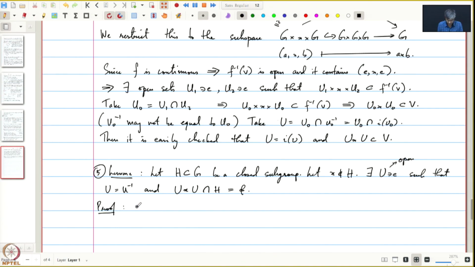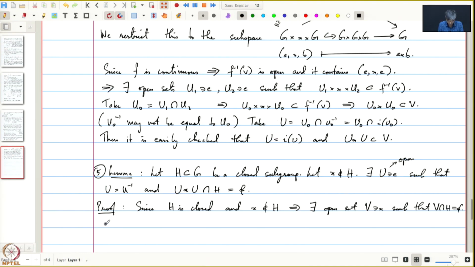Right. So since H is closed and X does not belong to H, this implies there exists an open set V. I mean, we can simply take the complement of H, containing X, such that V intersected H is empty. Okay.